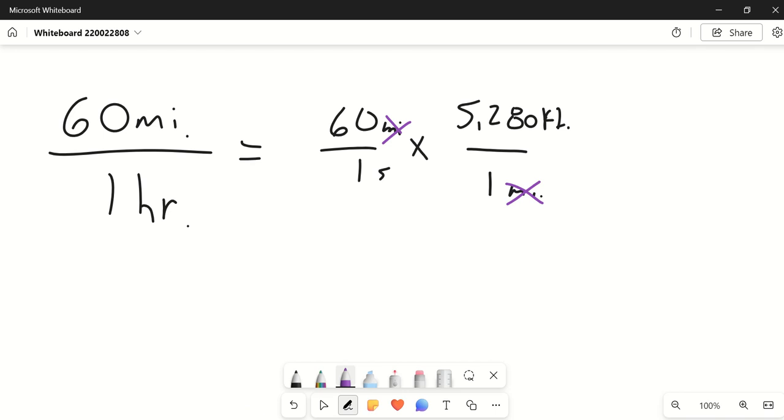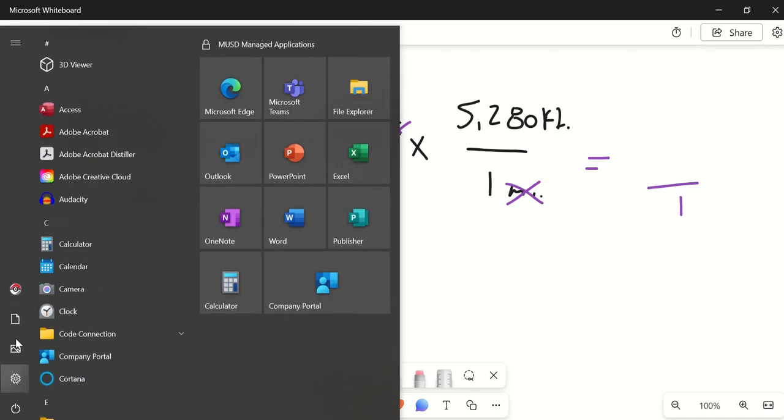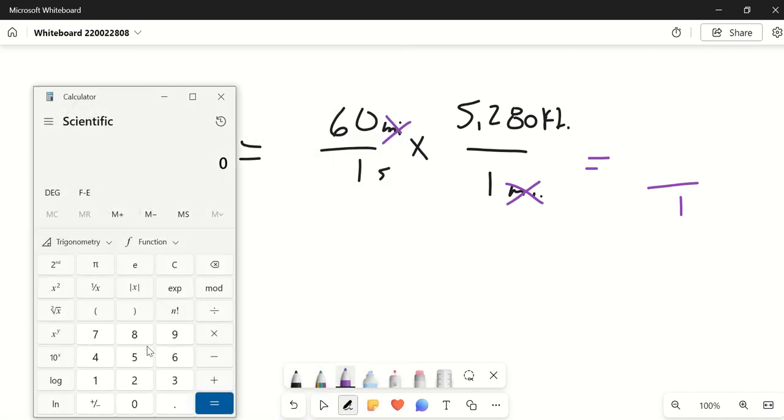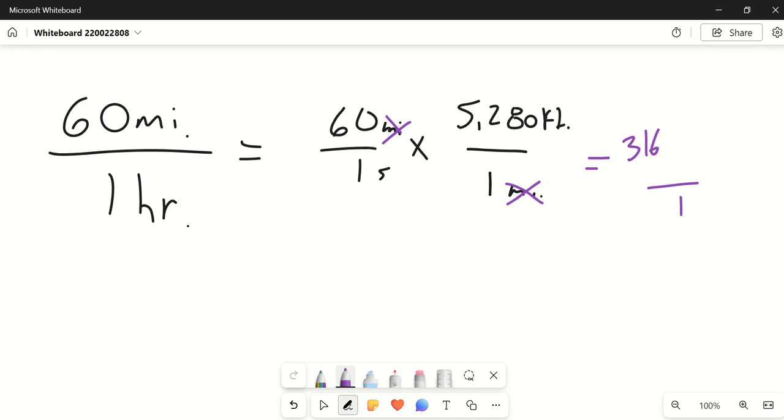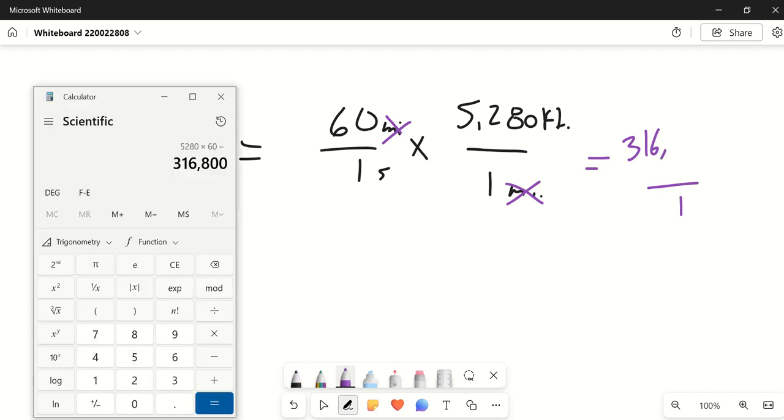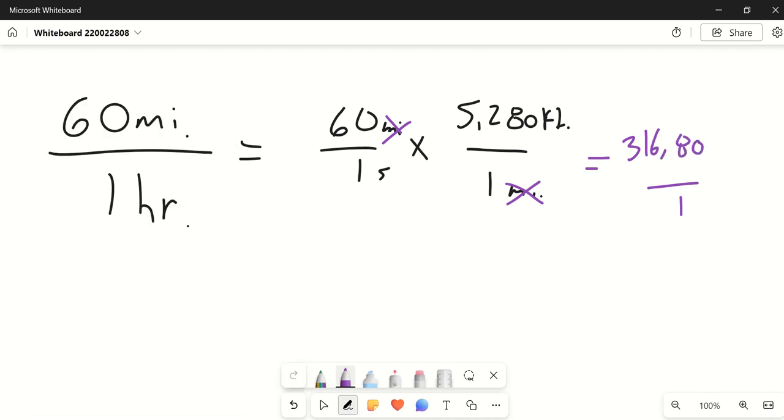We're going to multiply straight across. This will give me 1, and 60 times 5,280, going to use a calculator for this. 5,280 times 60 would give me 316,800 feet.